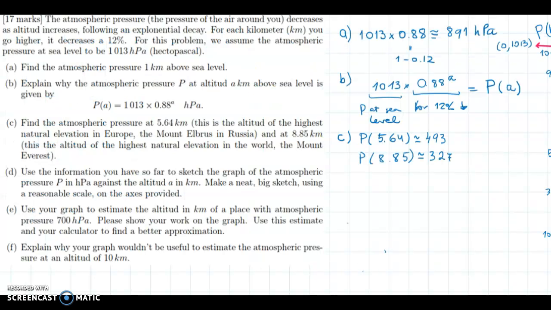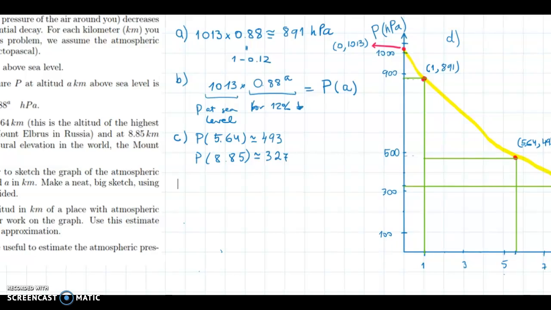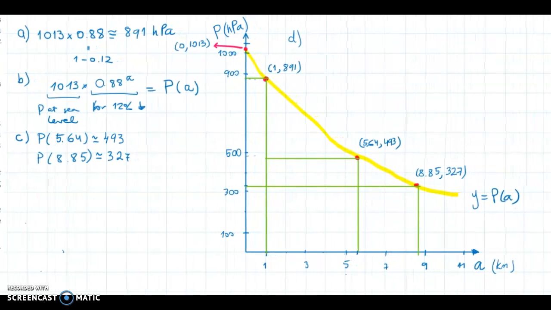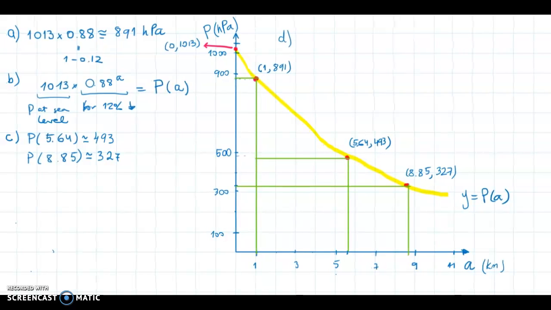So I move back to reading the question. For the next part, we want to use the graph to estimate what will be the altitude if we measure the pressure to be 700. We want to use the graph for that, and we want to show it in the graph. And then we also want to use the calculator to improve that approximation. So I'll move back to my graph so we can use it. I want to see what's going on when the atmospheric pressure is 700.